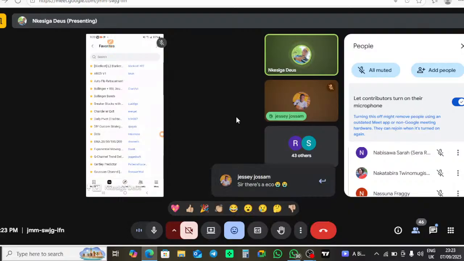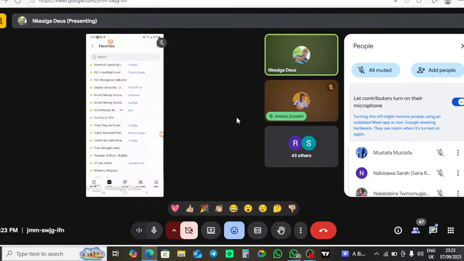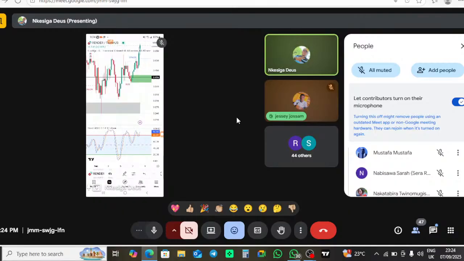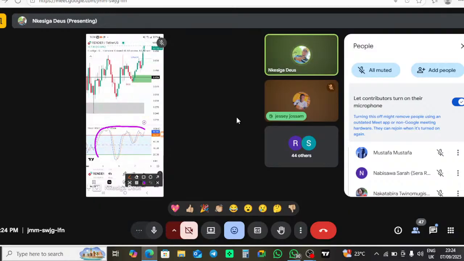If you don't have it on favorites, then you search here, you write the name of the indicator. So this is what I'm talking about. It is called Stochastic RSI. I click it once, it will show me added, and that is how it will be looking like on my screen.